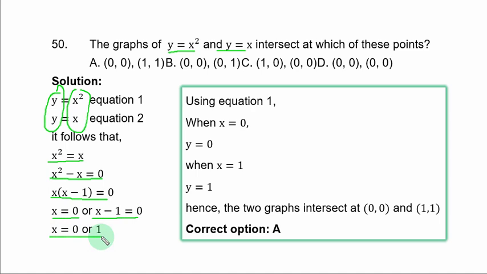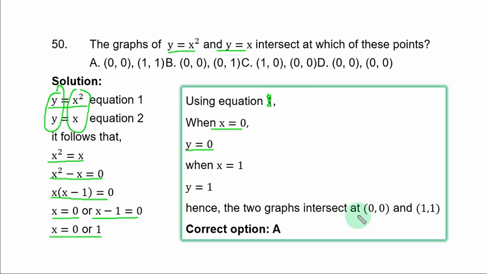So we also get y values. Let us use equation 2 to do that easily. Now you can use any equation, let's say equation 2 or equation 1. Equation 1 is there. Now when s is equal to 0, 0 squared is 0, so it means y is equal to 0.